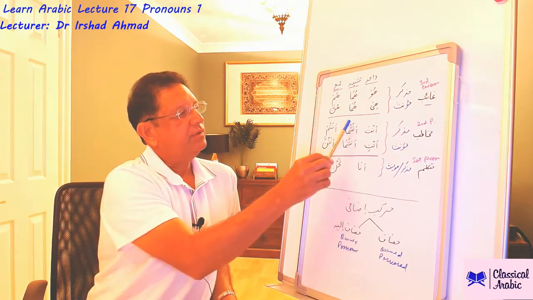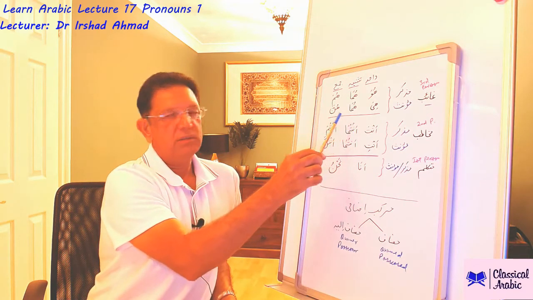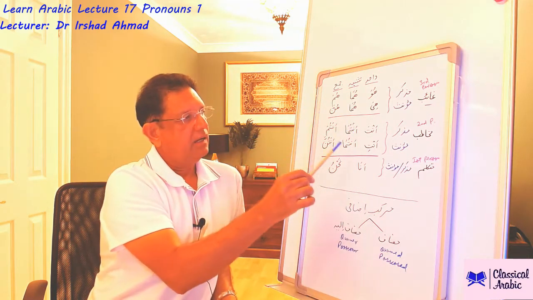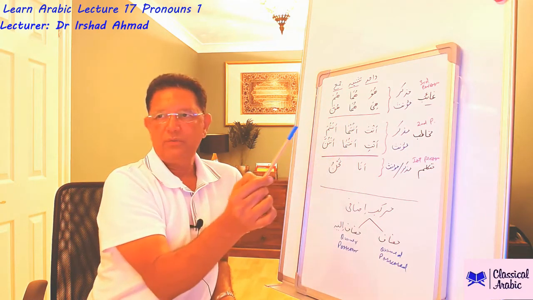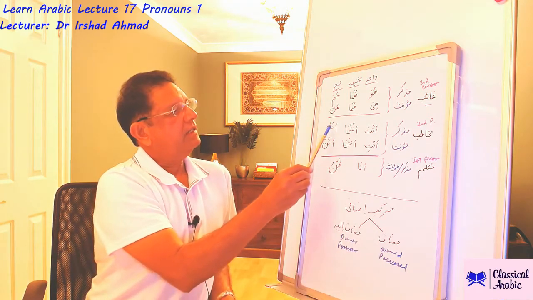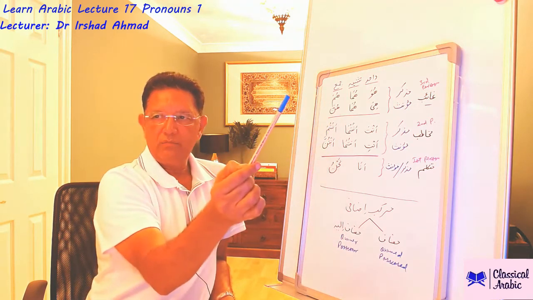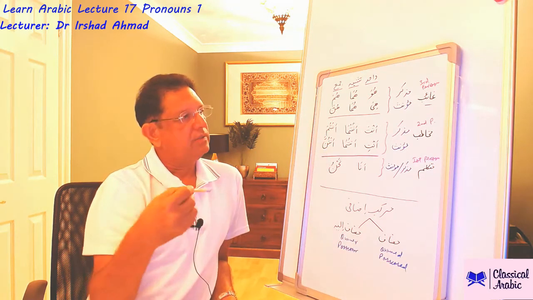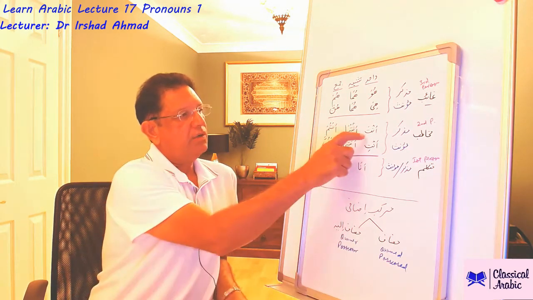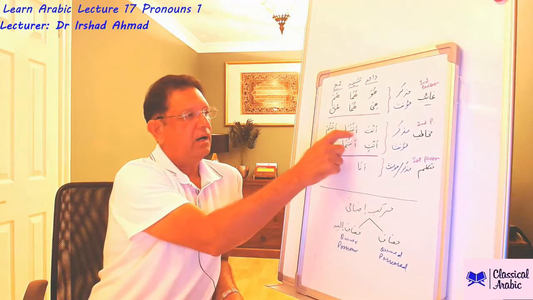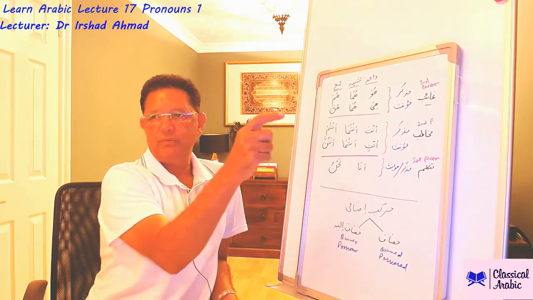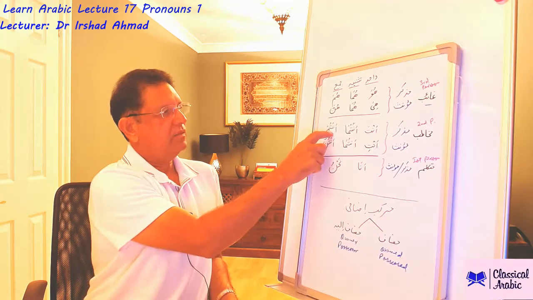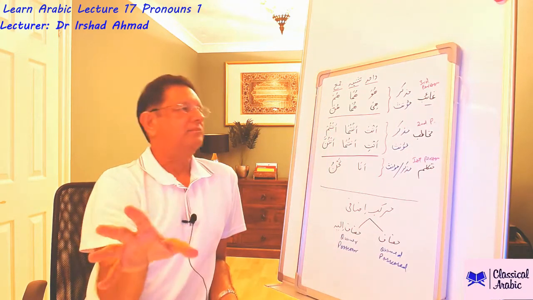And then for dual we have antuma, 2 men, and antuma, 2 women. And many men antum, and many women antunna. So that's anta, you, one man, antuma, you, 2 men, antum, you, all men.